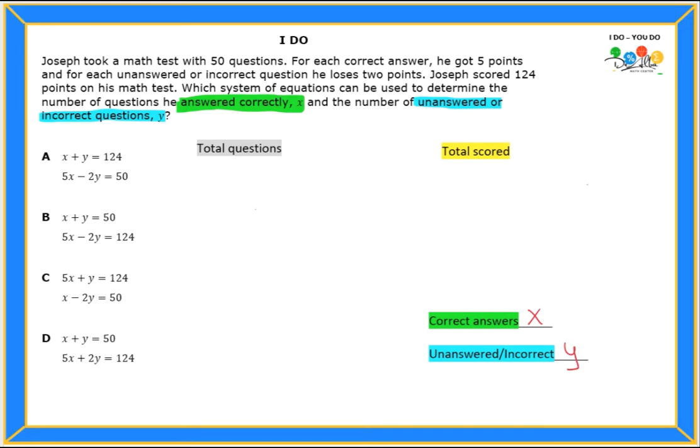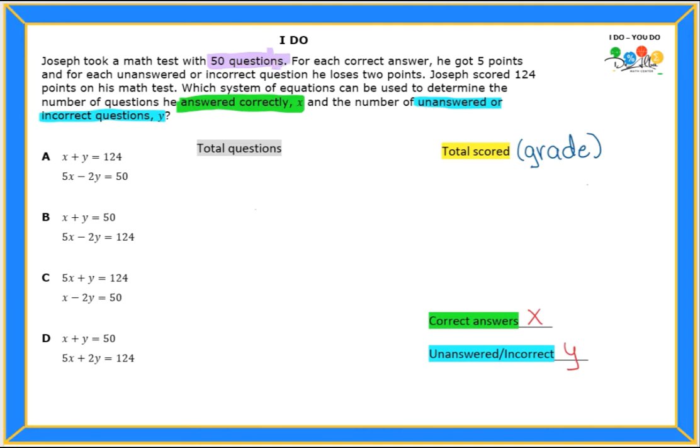So I can put over here, this is the grade that he gets. Okay, so in the total questions, think about it. It says that he actually gets how many questions on the test? There are 50 questions on the test. So that's the total questions that you have on the test.